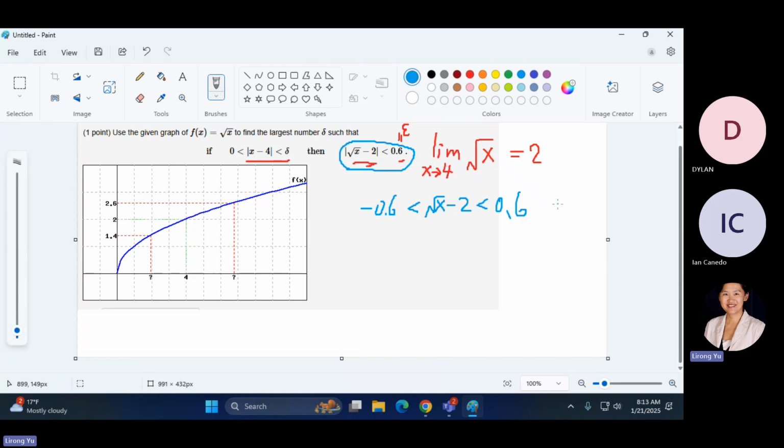But right now there's only one x, so all we have to do is work out the process, remove the roots, and then you can have x by itself. If there are multiple x's, the process is slightly different. What we're going to do is add 2 on all three parts.